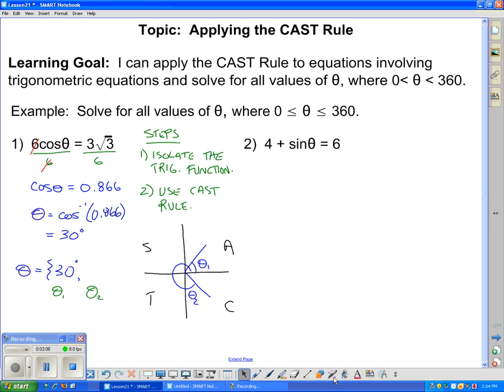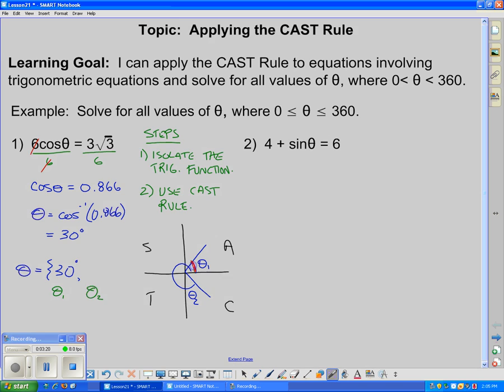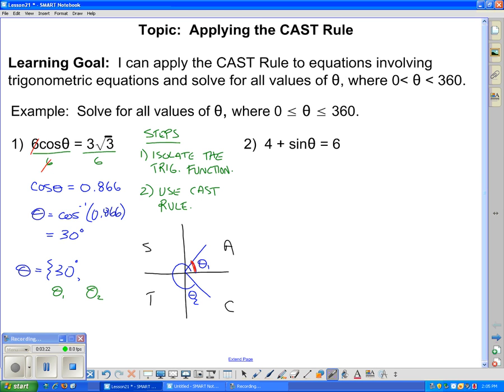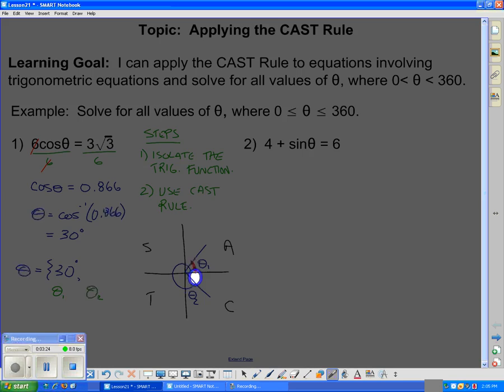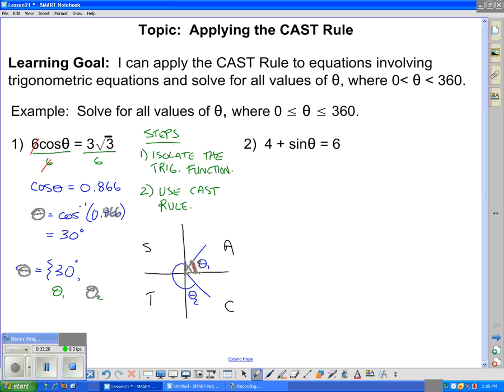The calculator will always give you an angle with the x-axis. So that means that if this angle right there, that I just did in red, and I'll emphasize it again, if that angle's 30, guess what? That angle is also going to be 30 degrees. We have symmetry with the x-axis. It's like a mirror reflection.